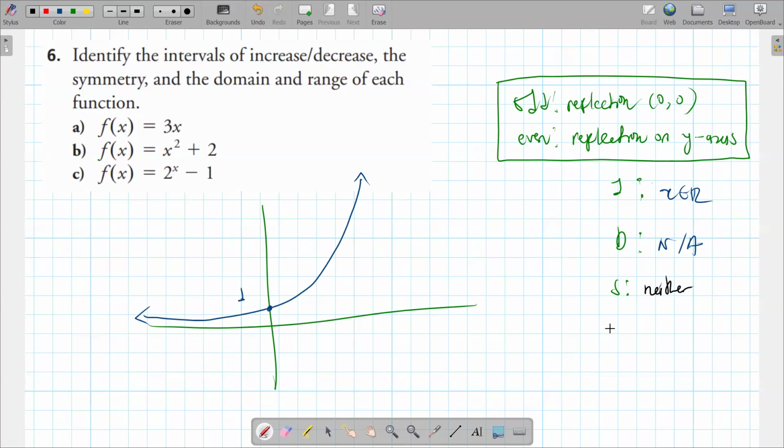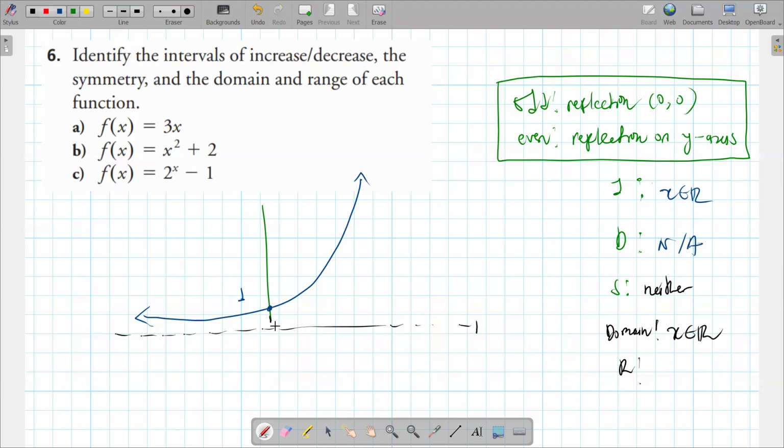D, it says domain. What's the domain of an exponential function? It's the same as a polynomial, x is any real number. What's the range of an exponential function? Oh, it's -1, sorry. That means the asymptote will now be at -1 instead of being at the origin.